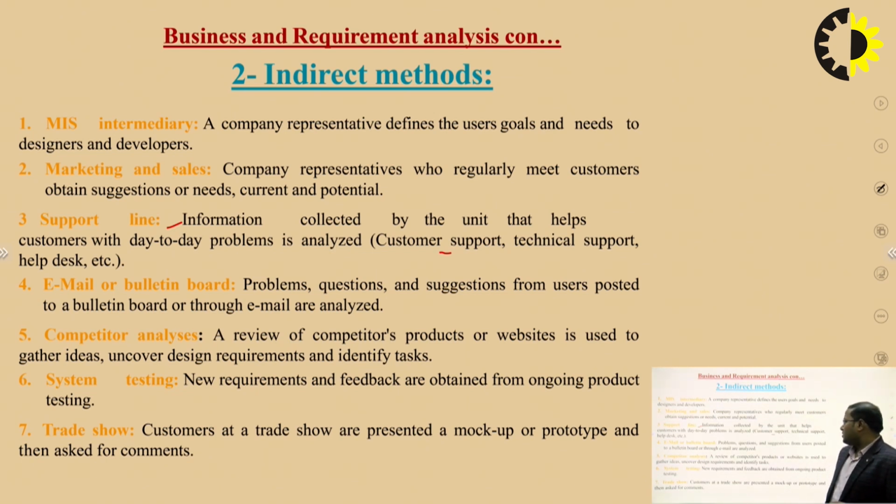A review of competitors' products or website is used to gather ideas, to uncover the design requirements and identify the task. Another indirect method is system testing. New requirements and feedback are added or obtained from ongoing product testing.